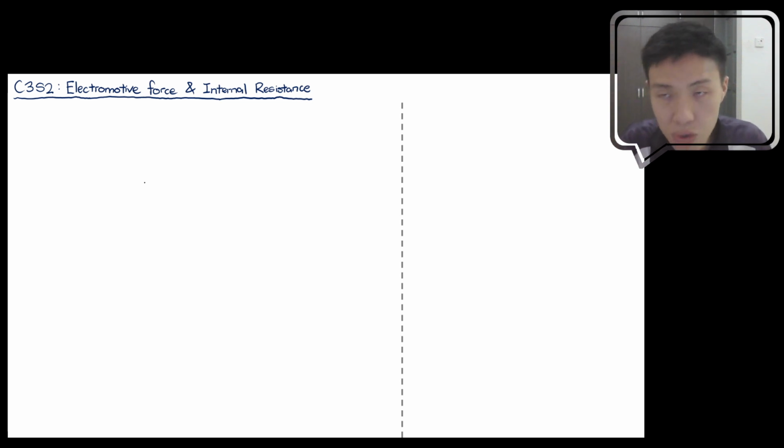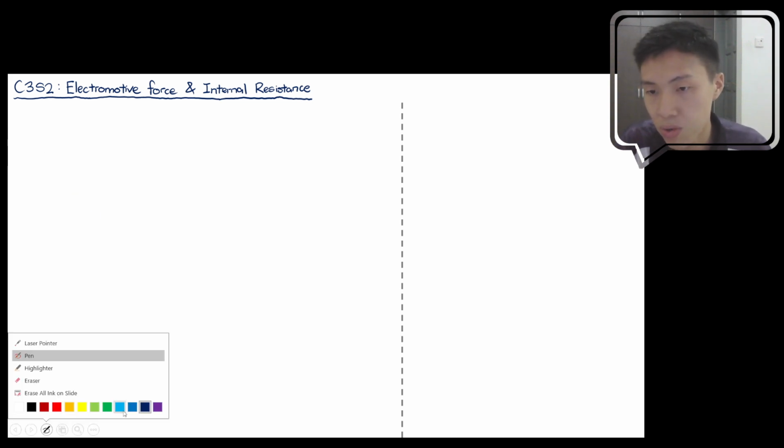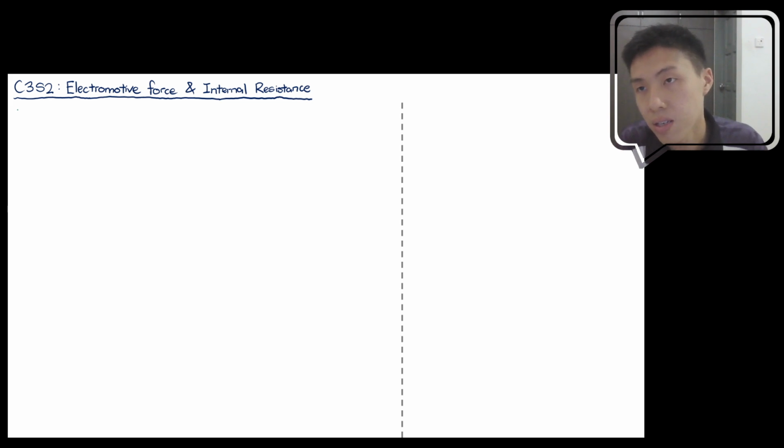Okay, so to understand electromotive force and internal resistance, let's bring back a bit of our understanding of a simple circuit first. Right now I'm going to talk to you about an ideal circuit. What will happen is you will still have three basic components: your battery is connected to a resistor.